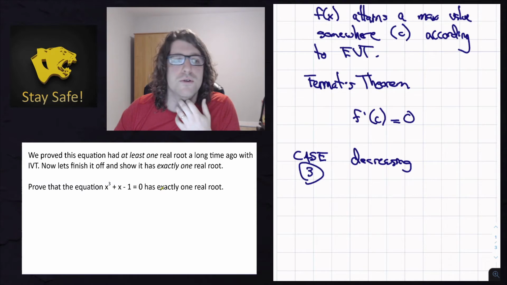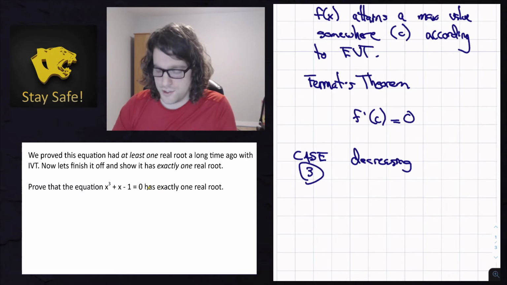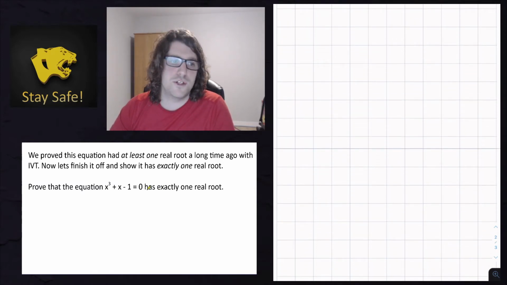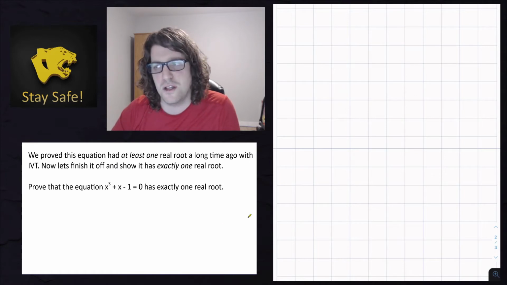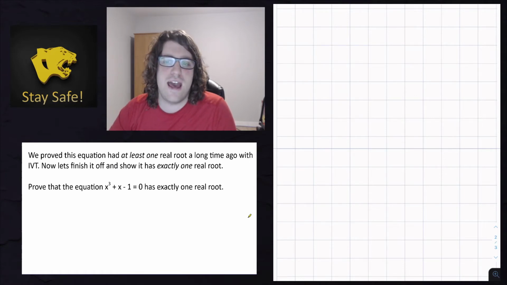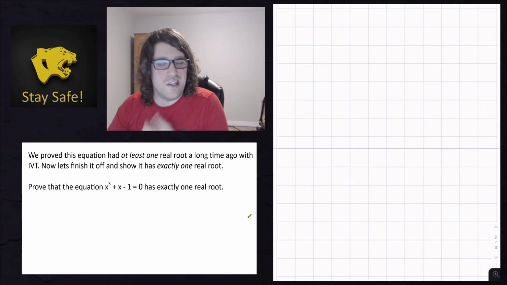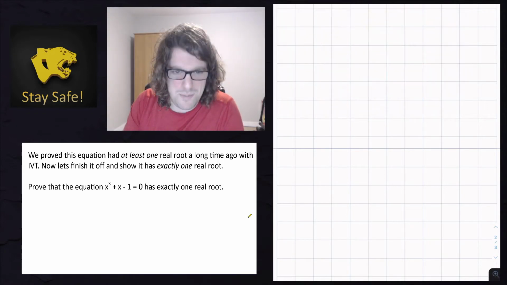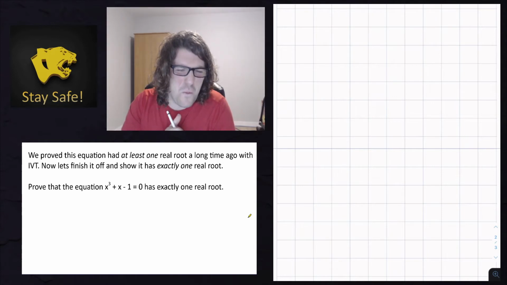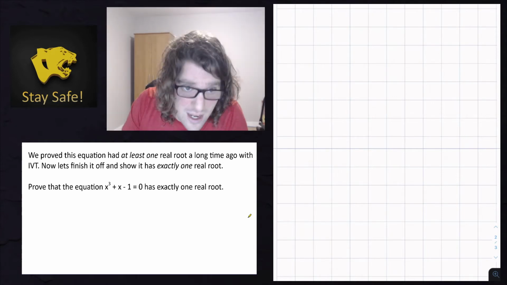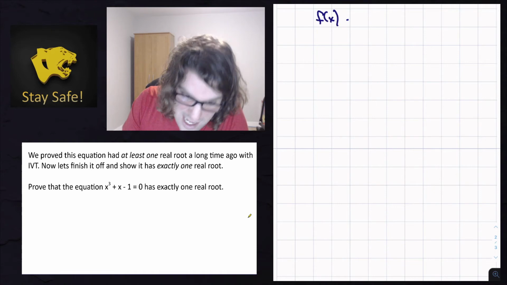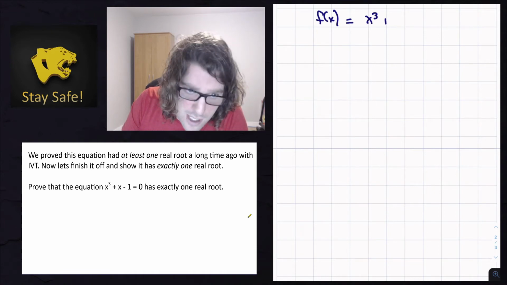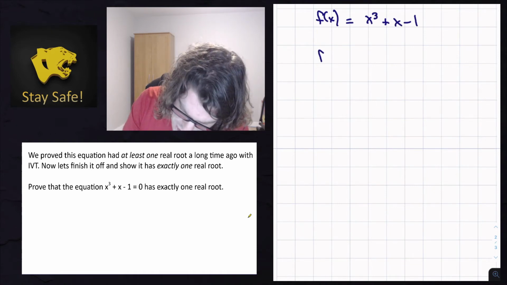Now, what I'm going to do is actually just use Rolle's theorem real quick in order to show something that we started doing a long time ago, and we showed that this had at least one root. So we did that with the intermediate value theorem. The way that we did that was we picked, I think it was 0 and 1. I'm going to try those. So if we call this f of x, and that's equal to x^3 + x - 1, and I just use a couple test values.